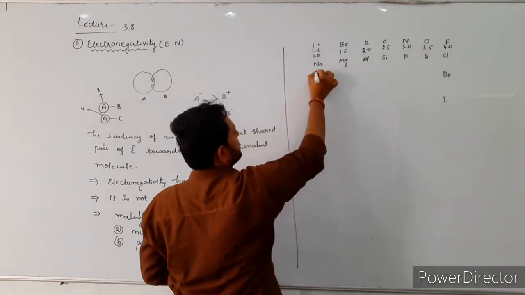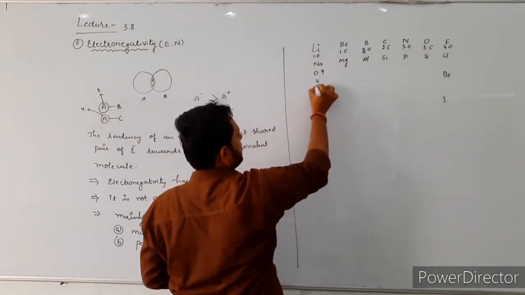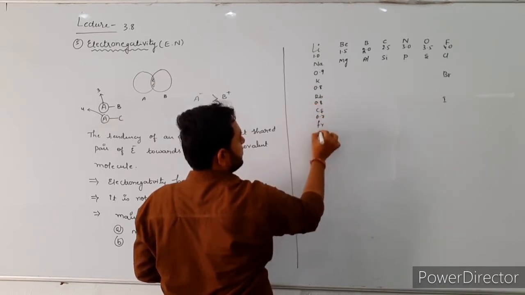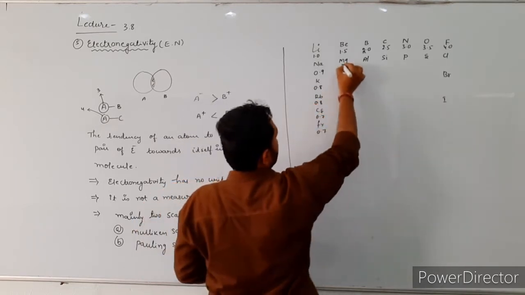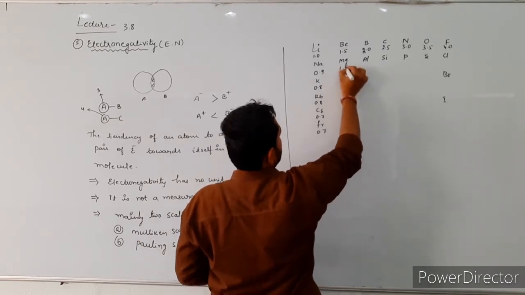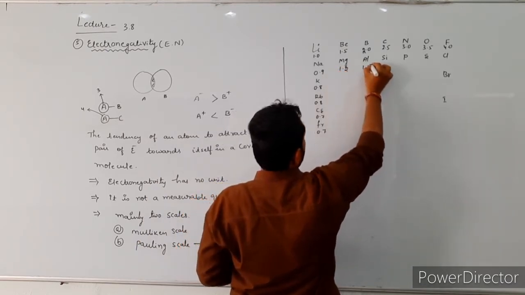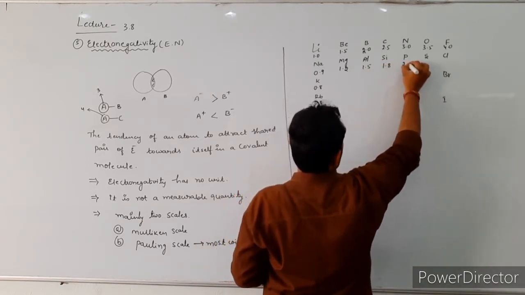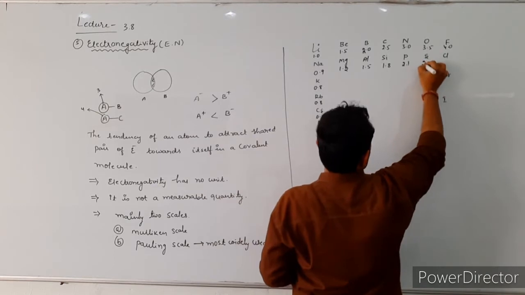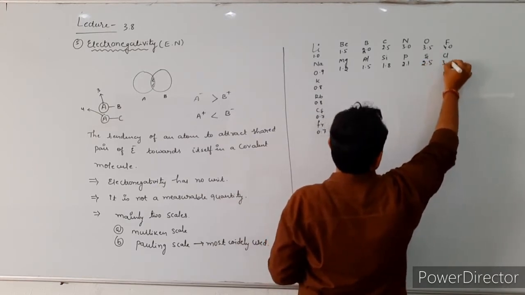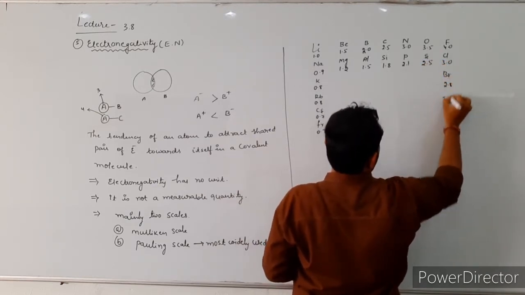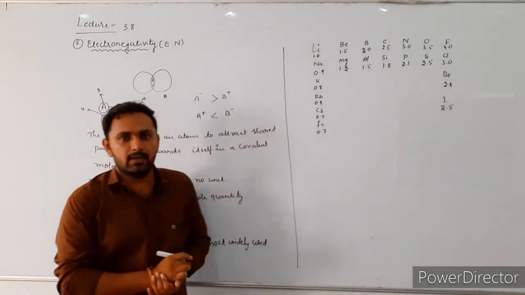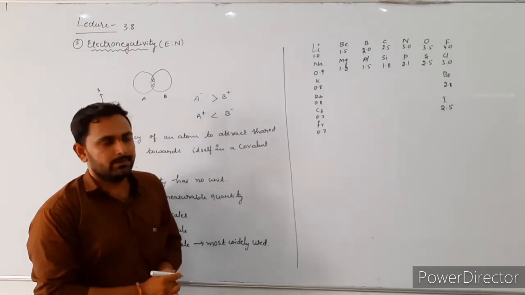Next for sodium 0.9, for potassium 0.8, for rubidium 0.8, for cesium 0.7, francium 0.7, for magnesium 1.2, next 1.5, 1.8, next 2.1, next 2.5, 3.0, next 2.8 and 2.5. These are the approximate electronegativity values.